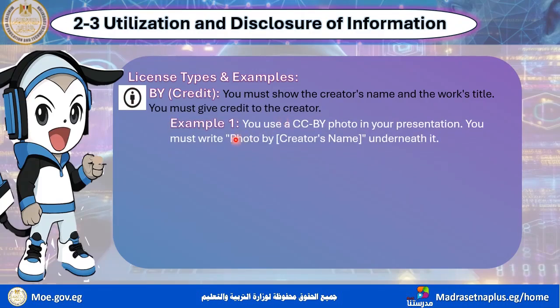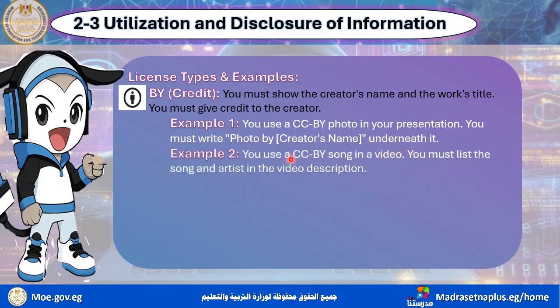For example, you use a CC BY photo in your presentation. You must write "photo by" the creator's name underneath it. Example 2, you use a CC BY song in a video. You must list the song and the artist in the video description. And the second type of license, we have NC, or non-commercial. So it's not profitable. You cannot use the work to make money.